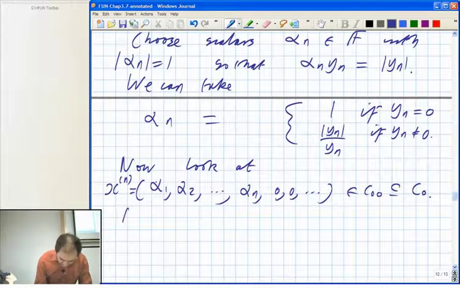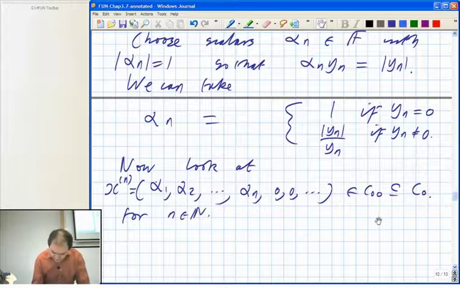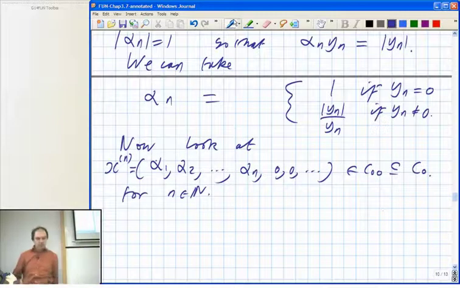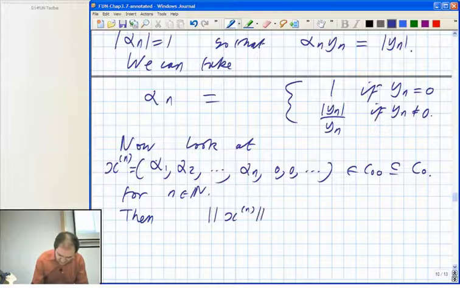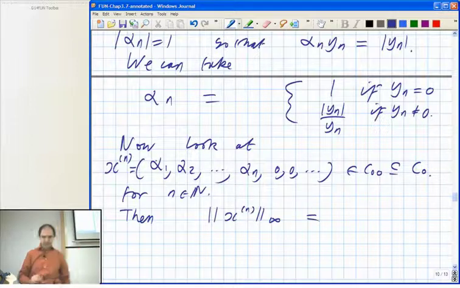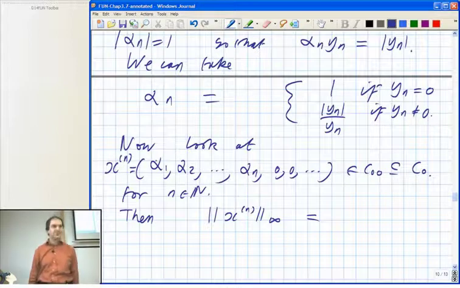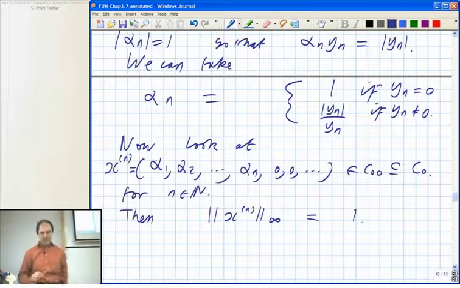This is for each natural number n. So, what is the sup norm of this finite sequence? Yeah, okay, that's good.